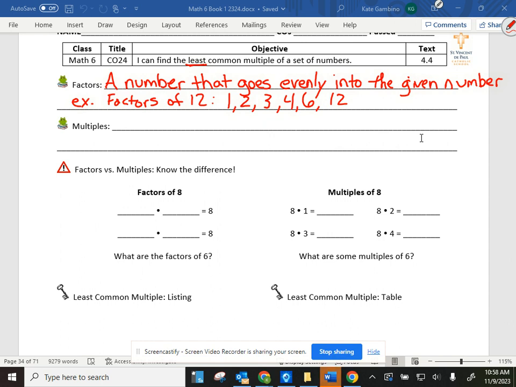So multiples are numbers a given number can go into. And this is found by skip counting.